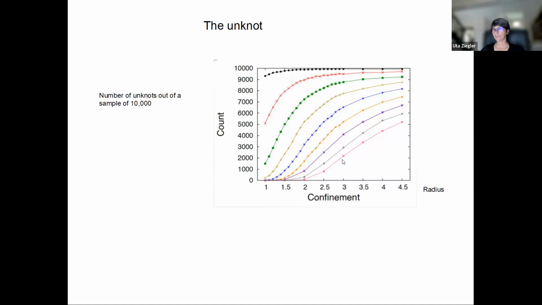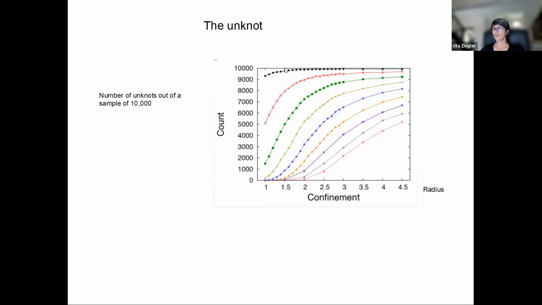Now, it's sometimes useful to think about confinement pressure not just in terms of reducing radius for a fixed length, but also in terms of keeping the radius fixed and then increasing the length.